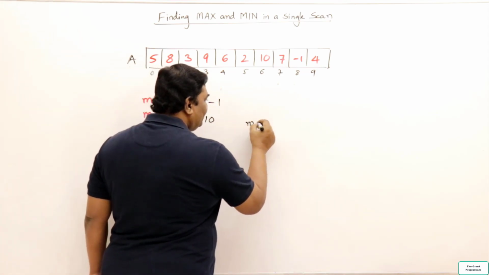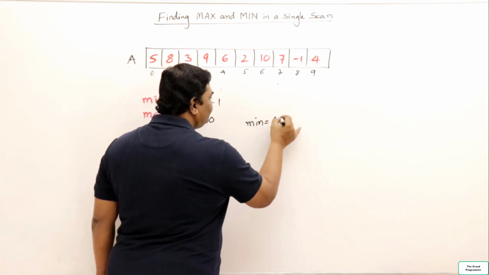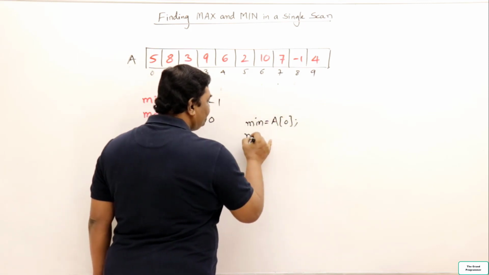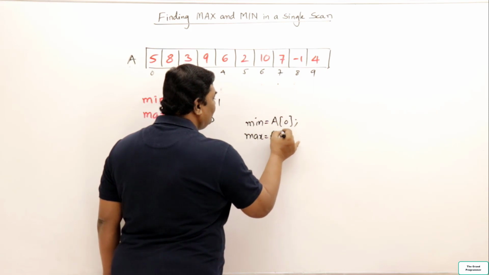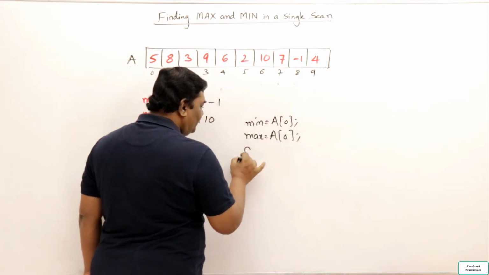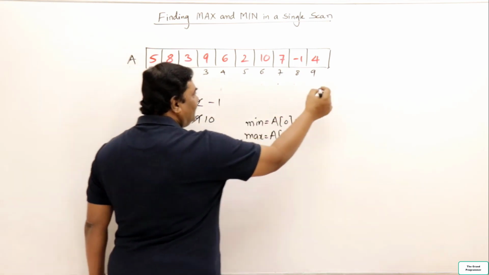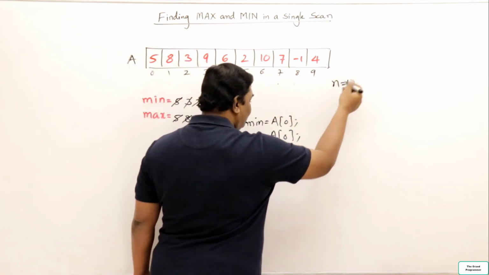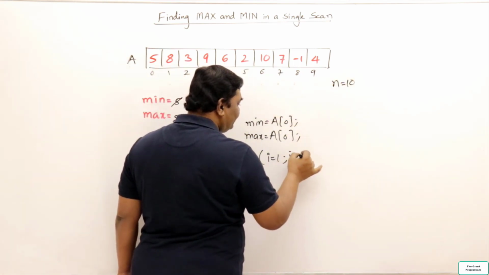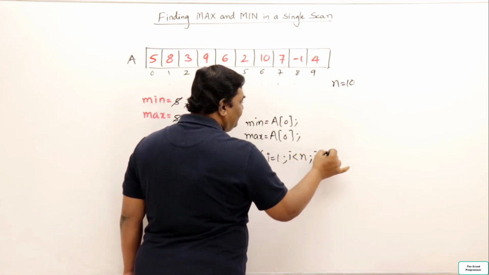So quickly, minimum is a of 0 and maximum is also a of 0. Then I need a for loop. That for loop will start from index 1 onwards, and as I have an example of 10 elements, I is less than n, that is 10, and I plus plus.